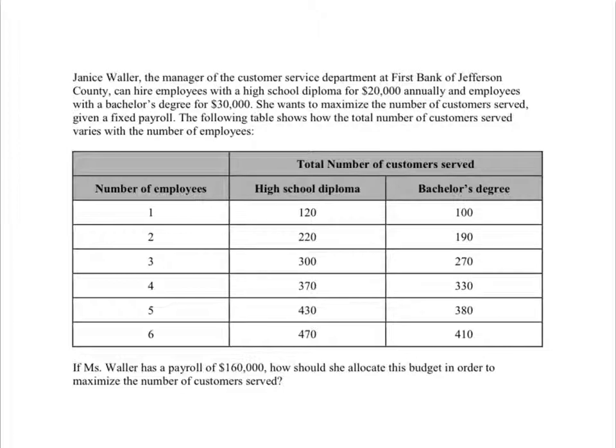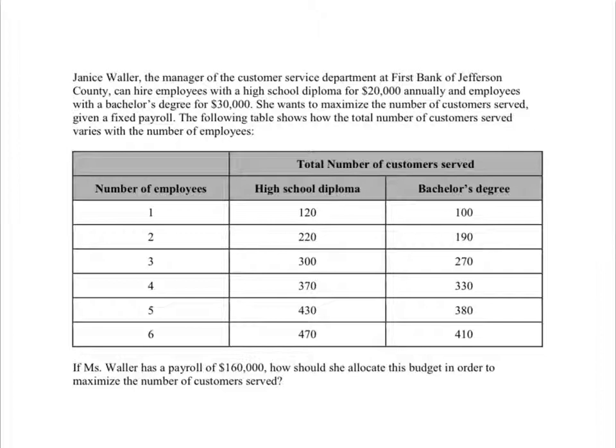And the reason is, for one thing, compared to some of the previous problems that we've looked at, this problem involves 2 decision variables. We've got employees with a high school diploma and employees with a bachelor's degree. So there are 2 decision variables.